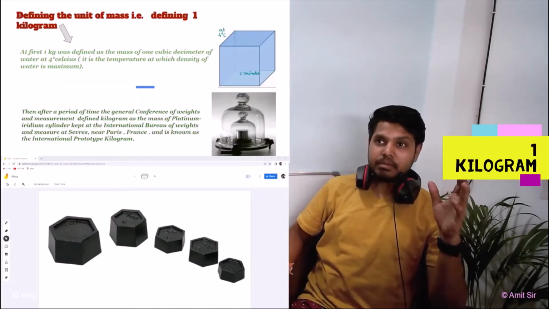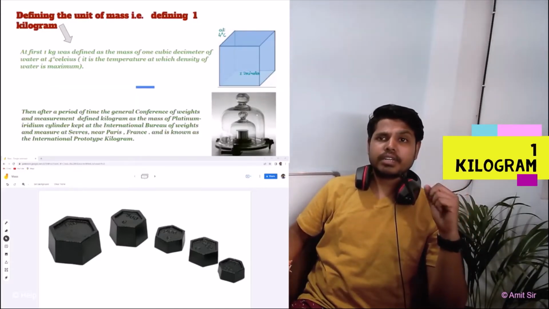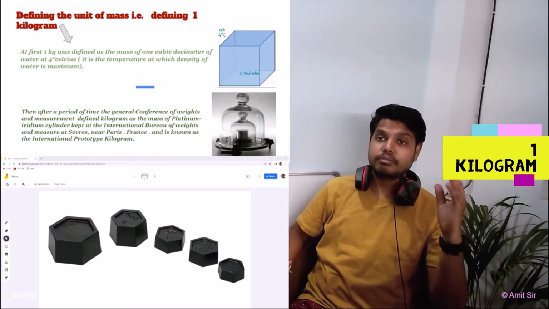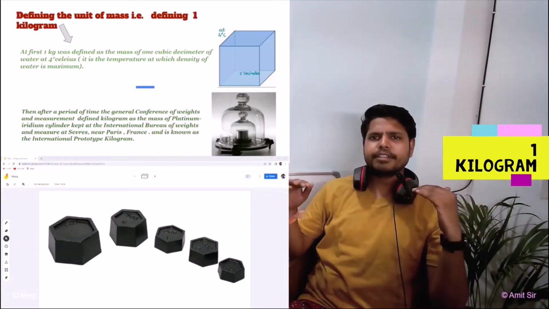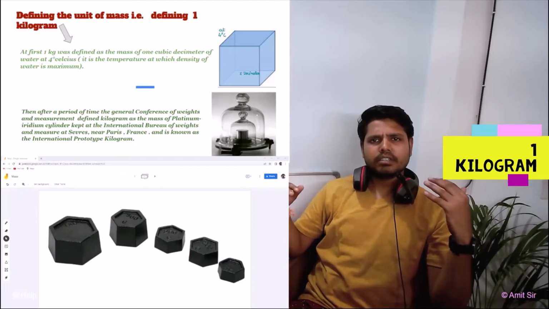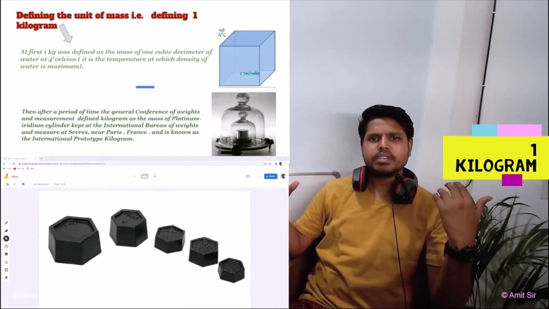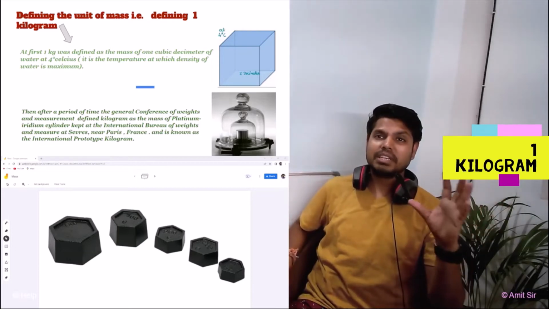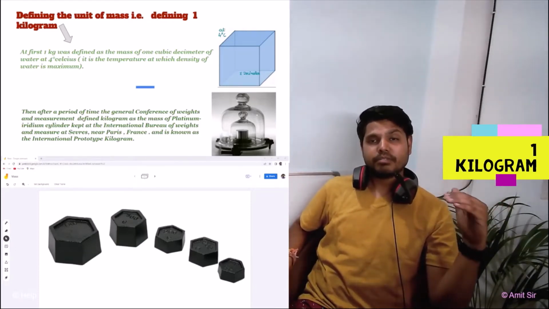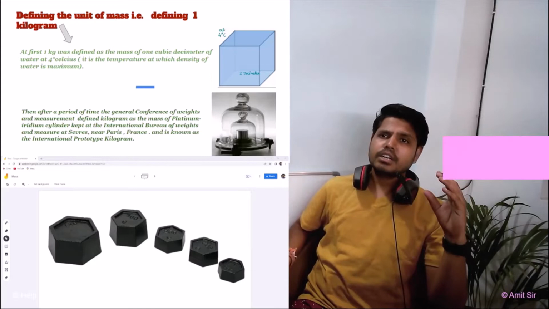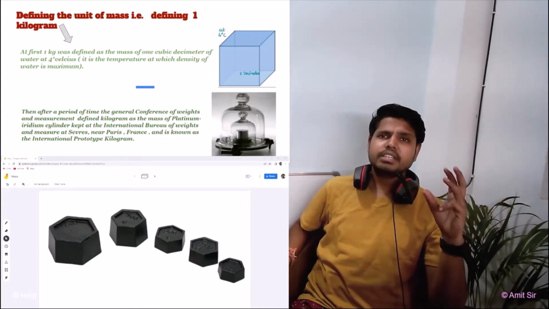To understand the definition of a kilogram, because it is the SI unit of mass, at different periods of time the definition has been explained in different ways. There are many definitions from the start, but we are taking about 3 definitions.